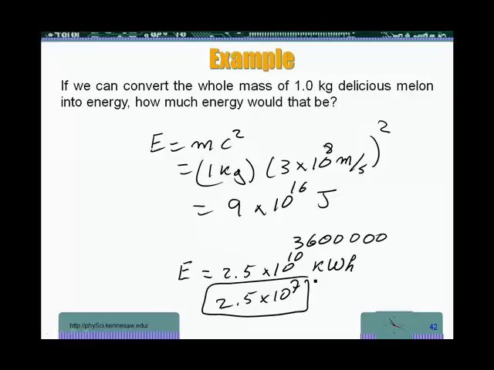That's 25 million houses. So that melon will power 25 million houses with electricity for a full month, if we can convert all of that mass into energy.